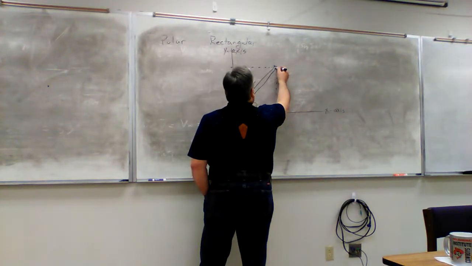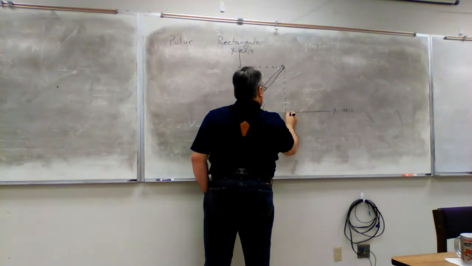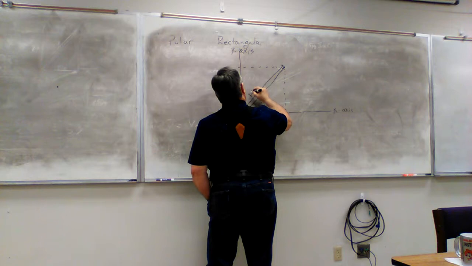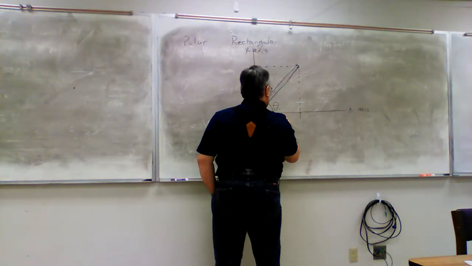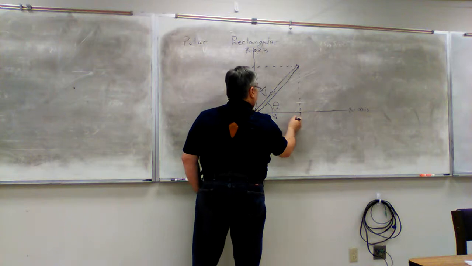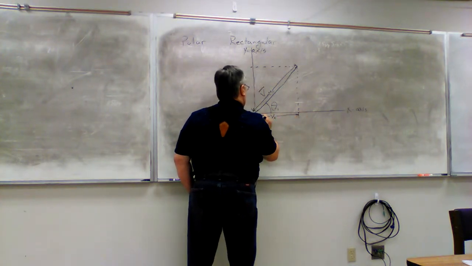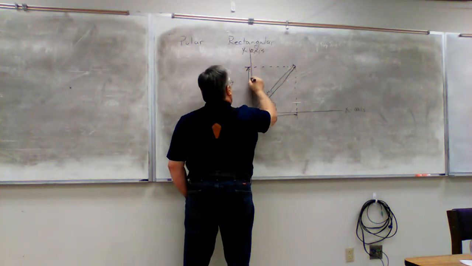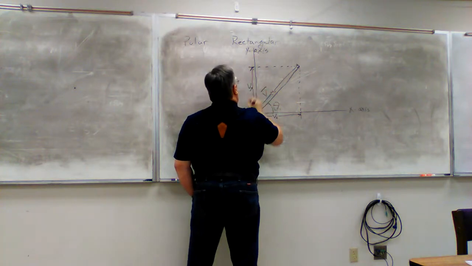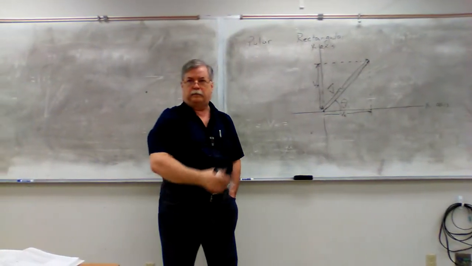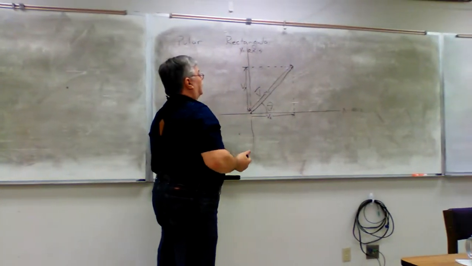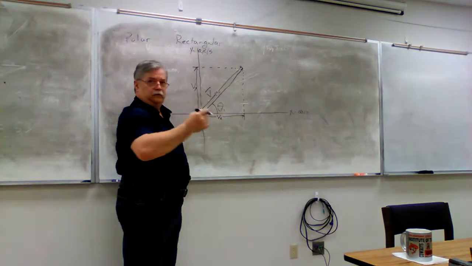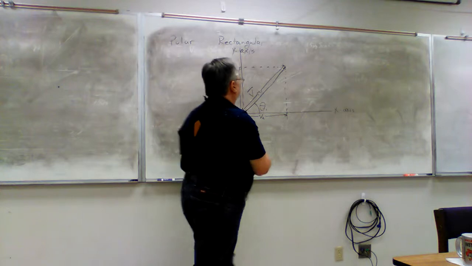We calculate the projection of this vector onto the x-axis, which gives us the component v sub x, and its projection onto the y-axis, which gives us v sub y. You could say that we are decomposing the vector v into its orthogonal components, v sub x and v sub y.